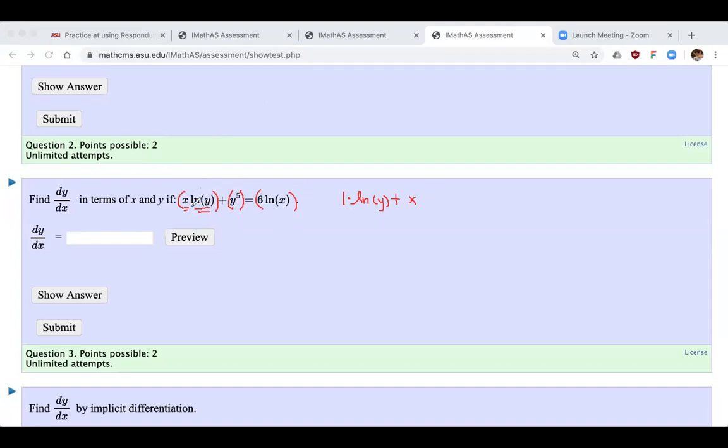So natural log of, if you want to think of this as natural log of f of x, natural log of a whole function in here, if that's helpful. But the derivative of a whole function, I put 1 over that function. In this case, it's actually called y, and then multiply on, using chain rule, the derivative of that inner function.